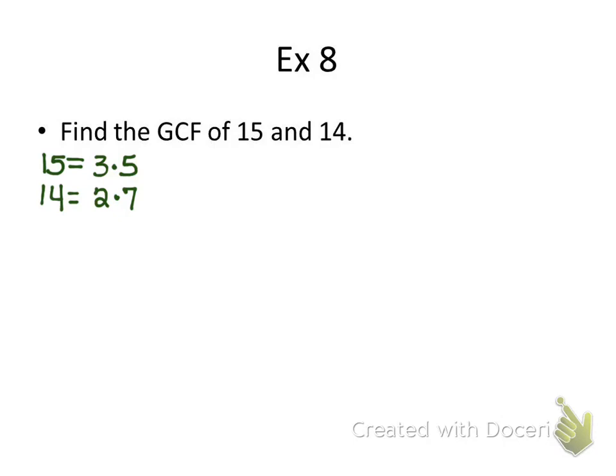All right, thank you. Okay, so they don't have a number in common that we have listed. But with that said, every single number has a common factor of 1. Because really 15, what's another factor of 15? 1 and 15. What's another factor of 14? 1 and 14.